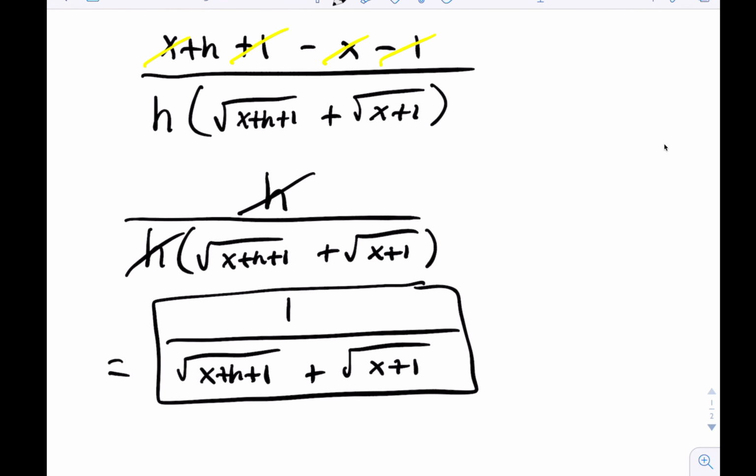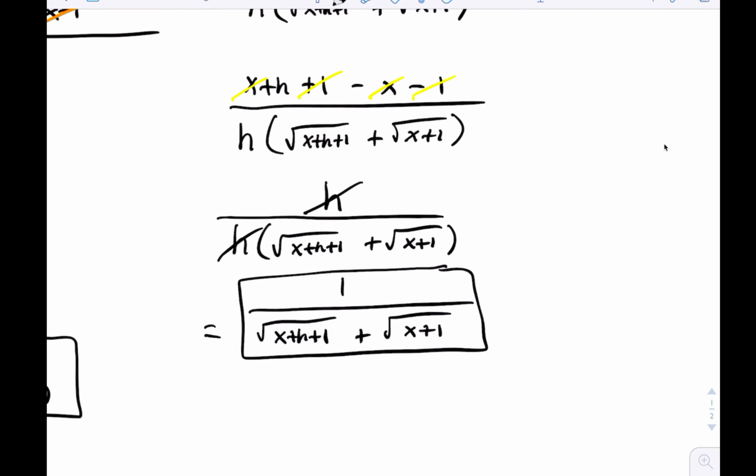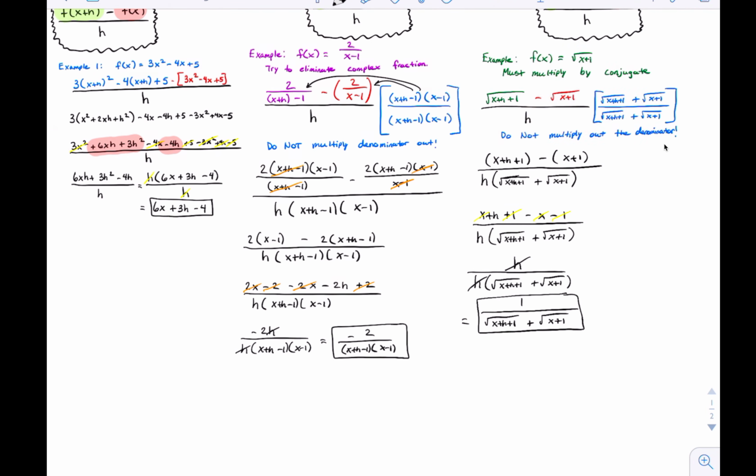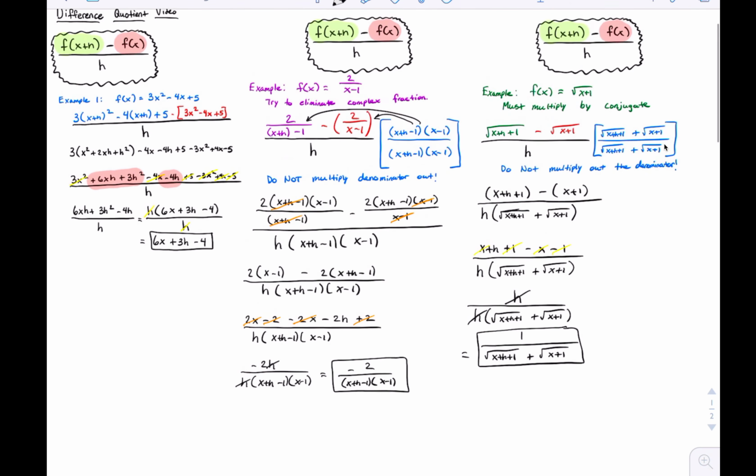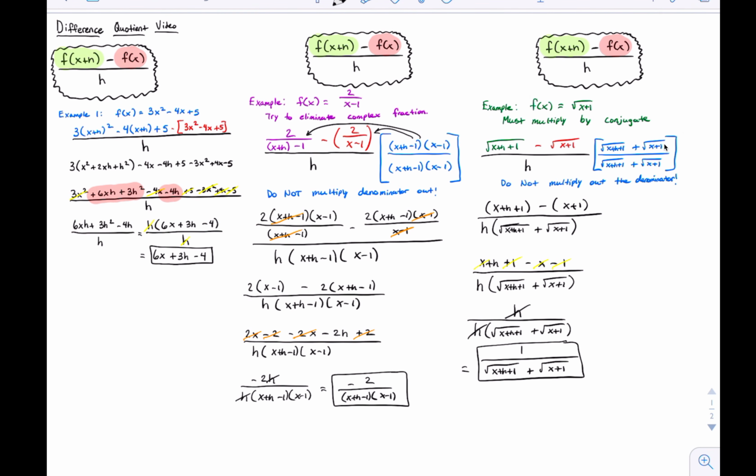And that is your answer. So those three are three different examples that you guys might see a lot come up. Again, you just have to remember to use the different algebra techniques that we've been talking about, and you should be good to go. If you have any questions, please come and see me.